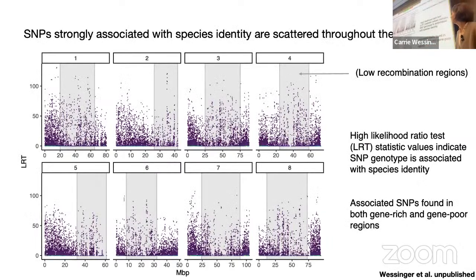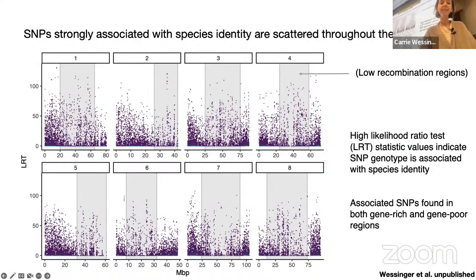And so here I'm showing you these SNP associations. Higher values of the likelihood ratio test statistic, or LRT, indicate a strong association between genotype and species identity. And we do find strongly associated SNPs throughout the genome, in both the high recombination regions and these low recombination regions that I've indicated with the gray shading.